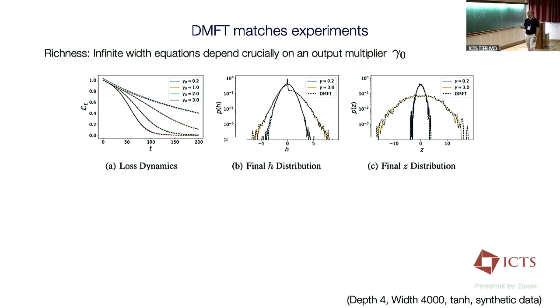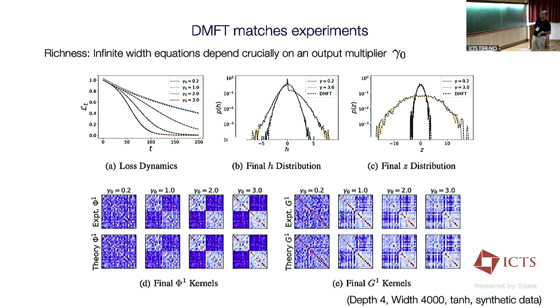But here we were able to do this, for example, for a depth 4, width 4000 network and synthetic data. The biggest scaling with compute comes from the training time, but it also scales quadratically with the number of data points. So this is just a dataset of 20 points or something like this. What we can plot is things like the loss dynamics.